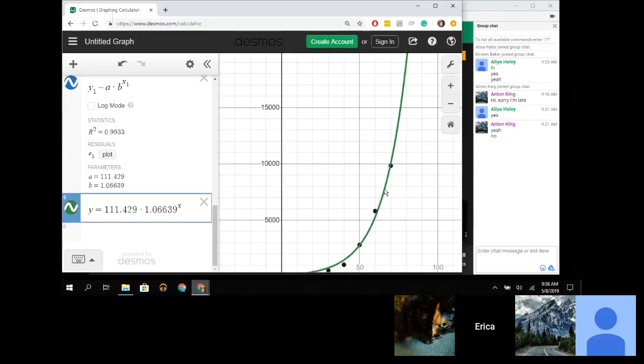However, if I wanted to predict inside of here, what was the GDP in 65 plus 30, 1995, right? In 1995, this would probably be a lot more accurate.